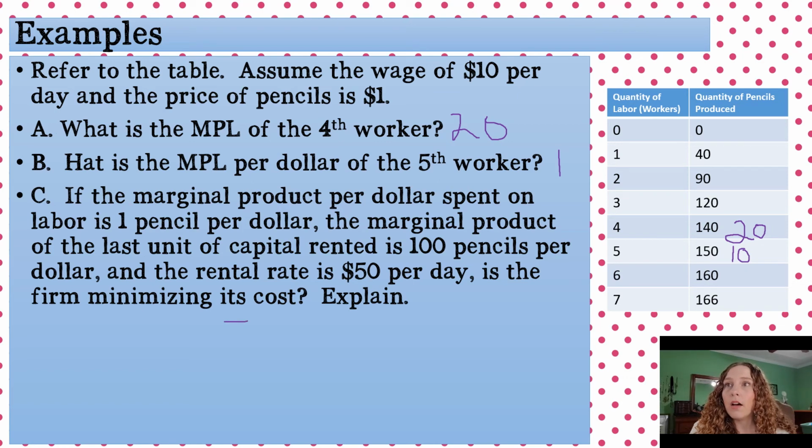If the marginal product of capital employed is 100, and it costs $50 a day to rent that capital, that means the marginal product of capital per dollar is 2. And that is higher than 1. So the firm is not minimizing their costs in this situation. They need to employ more capital and less labor, because 2 is higher than 1. So that's how we would answer that one.